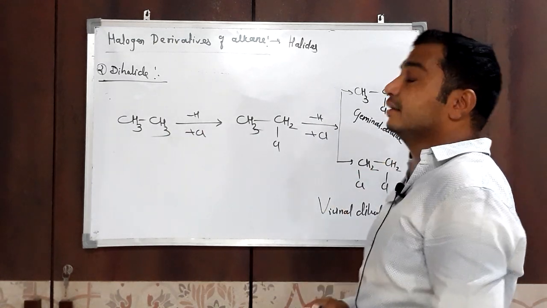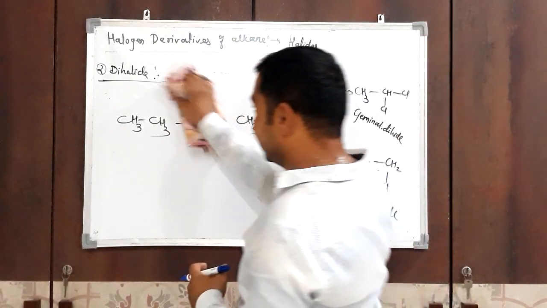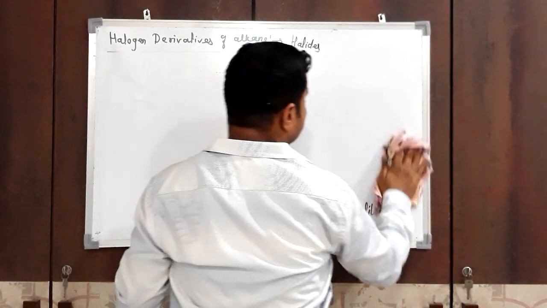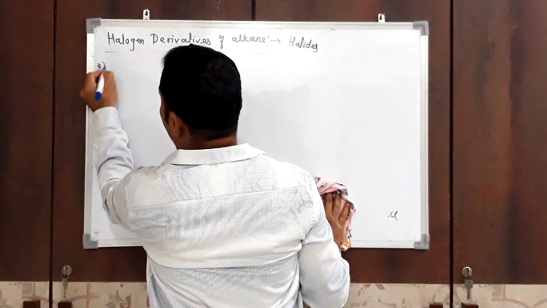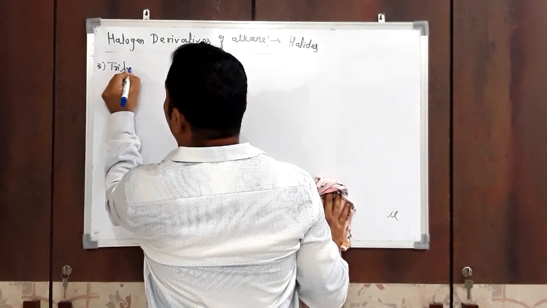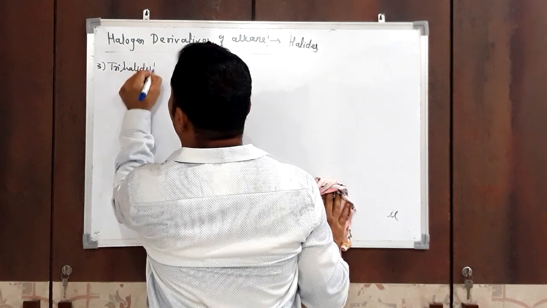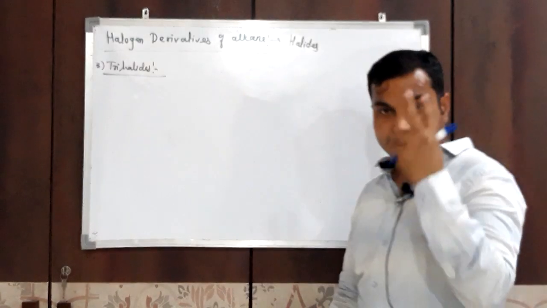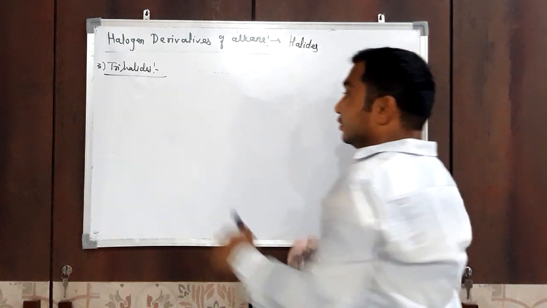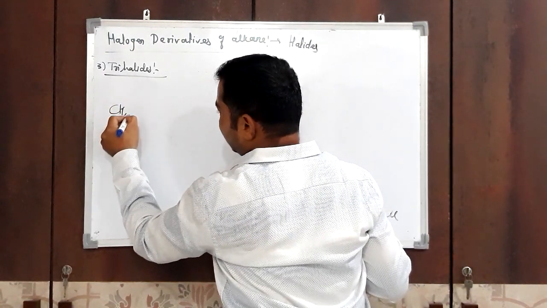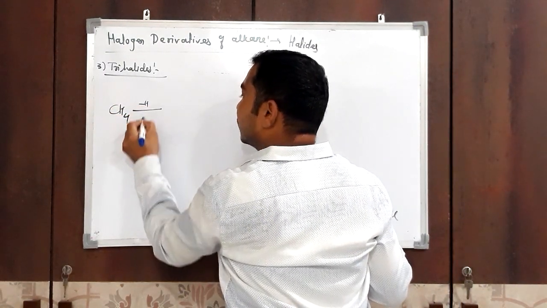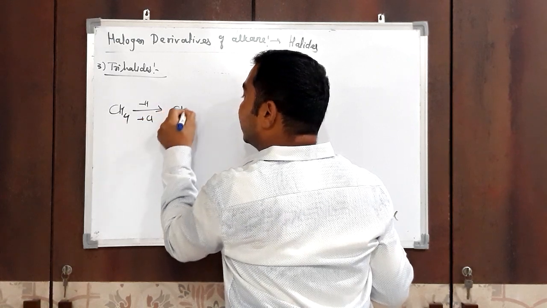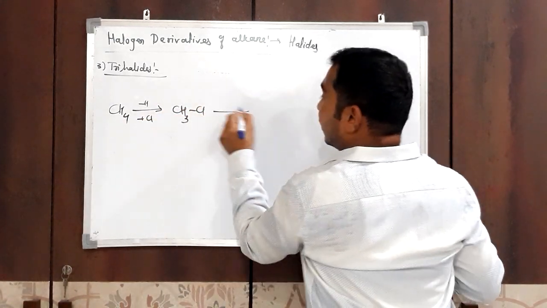So these are dihalides. Then next is trihalides. Trihalides means three halogen atoms. For a very simple example, replace one hydrogen by chlorine to get CH3Cl.